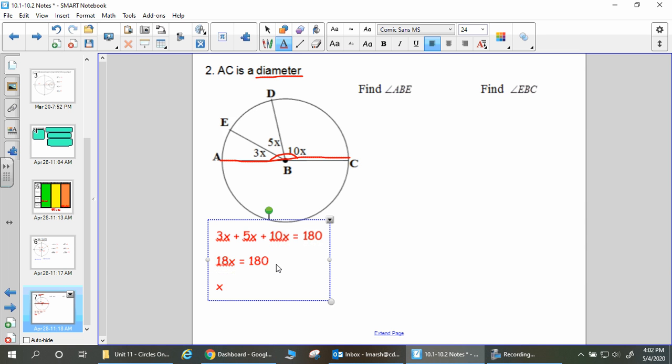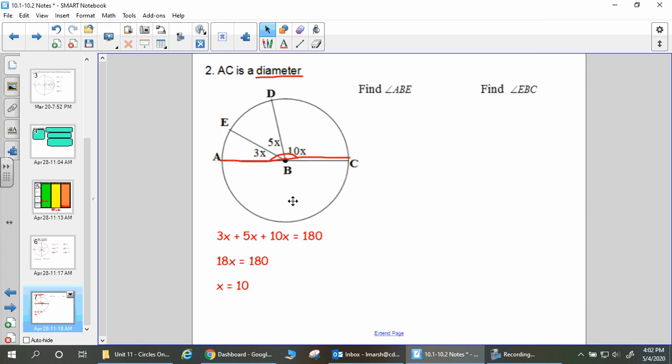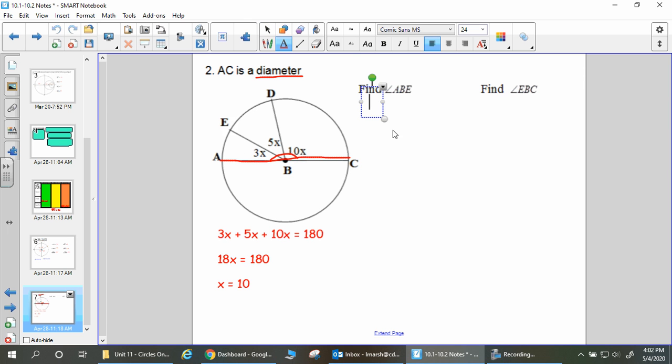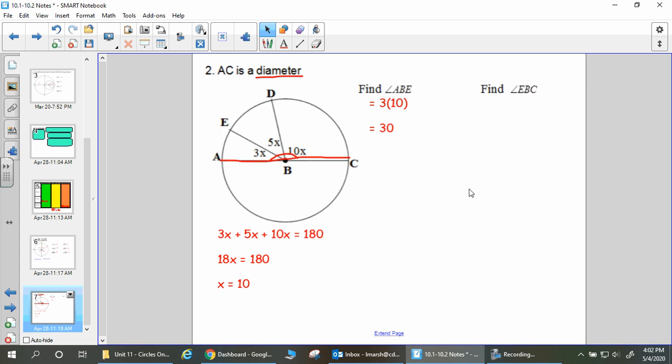Divide both sides by 18, and I'm going to have x equals 10. And so if x equals 10, now I can go back up to what they want. They want angle ABE. ABE is this small piece that said 3x. So ABE is going to equal 3 times 10. And so that means angle ABE is going to be 30.